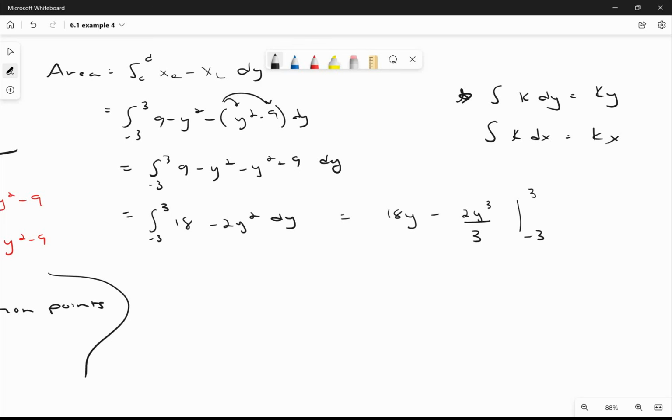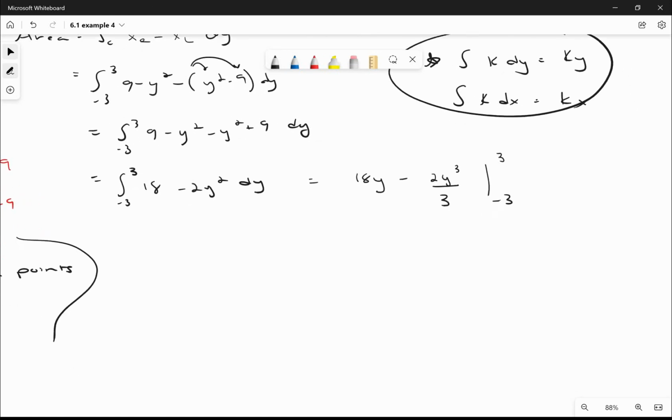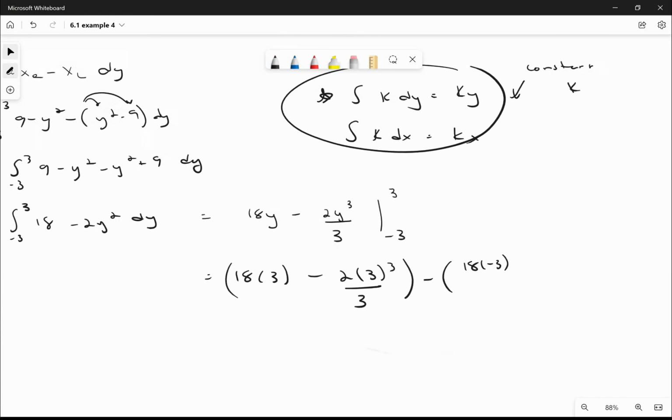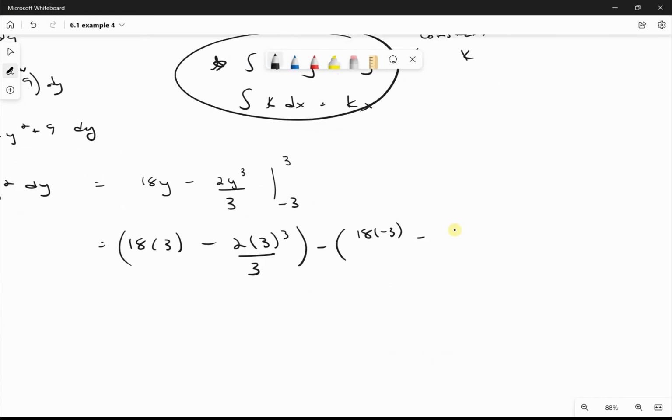And the integral of negative 2y squared is just our power rule. Okay, so then evaluating, we have 18 times 3 minus 2 times 3 cubed over 3, minus 18 times negative 3, minus 2 times negative 3 cubed over 3.